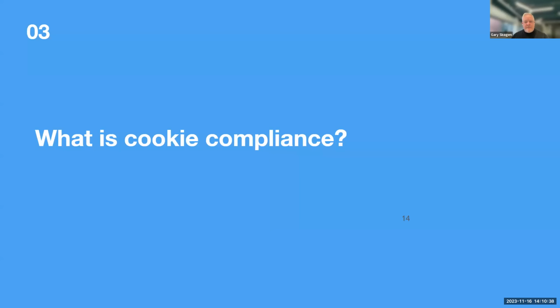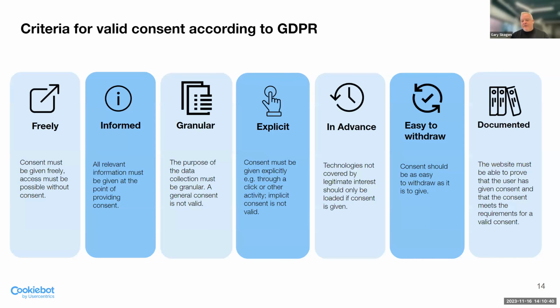As we move on, what is cookie compliance? There are several criteria for cookie compliance. The first one is that it must be freely given. So consent must be a choice. I don't know if you're old enough to remember the privacy walls that used to exist, where you had to consent to be able to view any aspect of a website. So that's what it means by freely given. We also need to be informed. What are you actually consenting to?